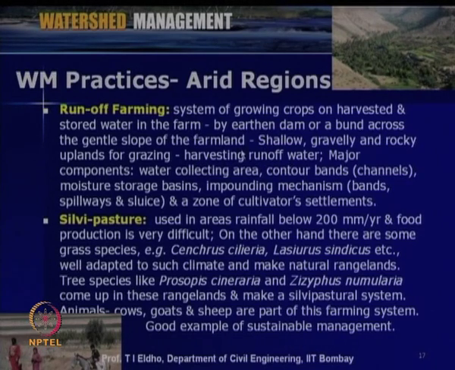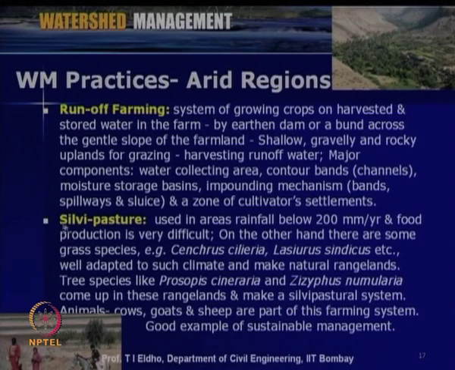We can classify the land use as far as the upper land and lower land are concerned. The lower land we can use for farming and people's settlement, and the upper land we can go for grazing, and also we can use it for rainwater harvesting as far as the particular area is concerned. So, that is what is known as runoff farming.